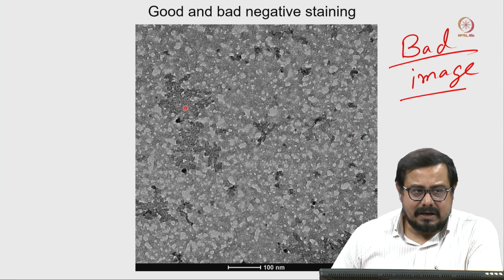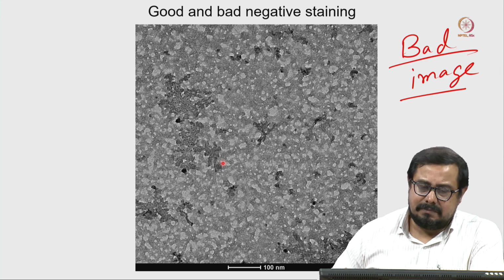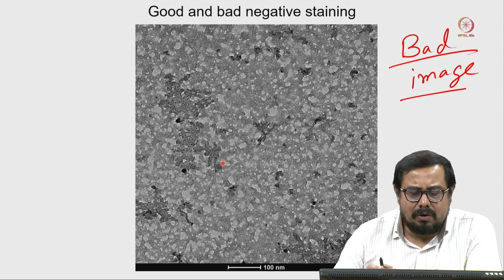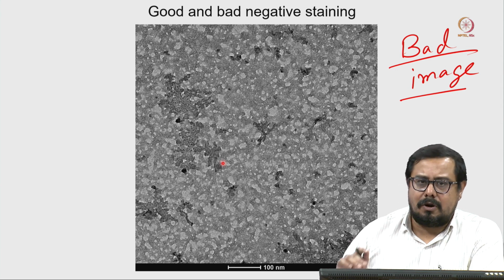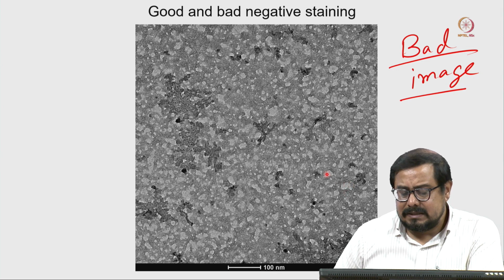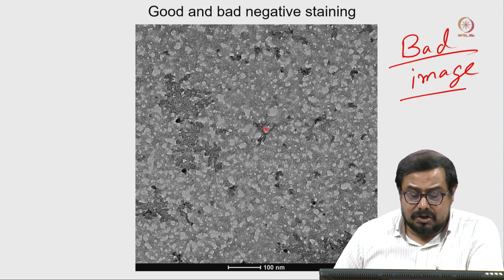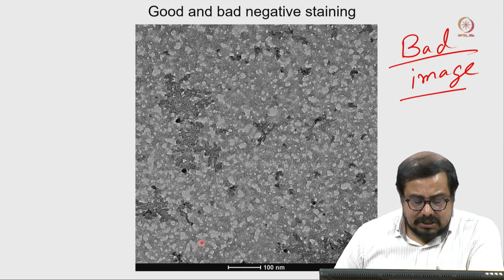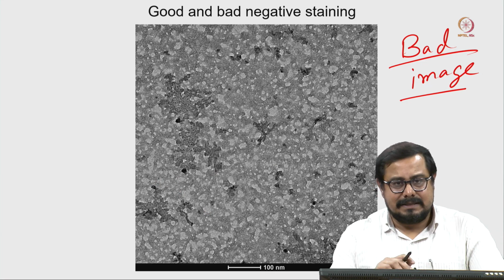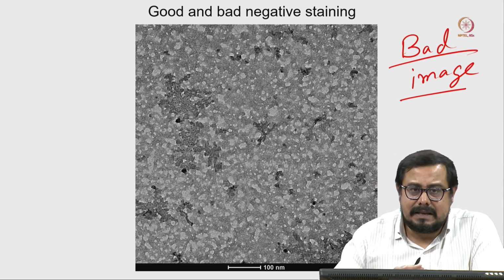It is a very difficult task from this negative stain image to pinpoint whether it is a good or bad image. But definitely from this one I cannot isolate anything, because you can see in some places there are a lot of large patches, and I am not very sure what those patches are. So definitely if you consider this kind of image, it is a bad image.